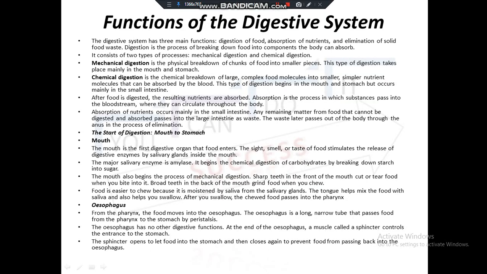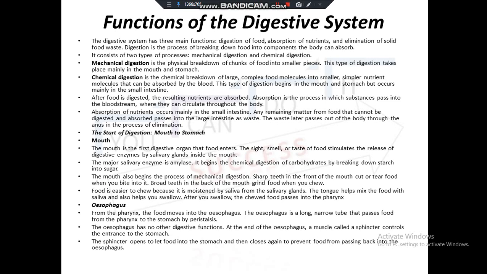Now if we start studying the functions of the digestive system, the main functions are 3. First of all, digestion of food, absorption of nutrients and elimination of solid food waste. Digestion basically comprises breaking down of food into components that the body can eventually absorb.